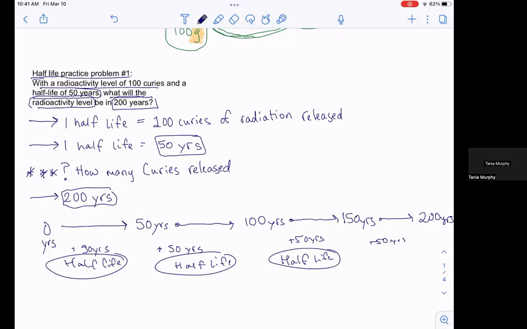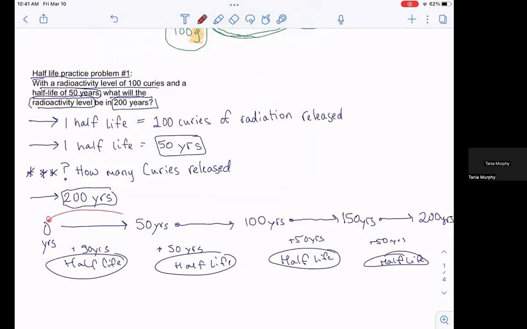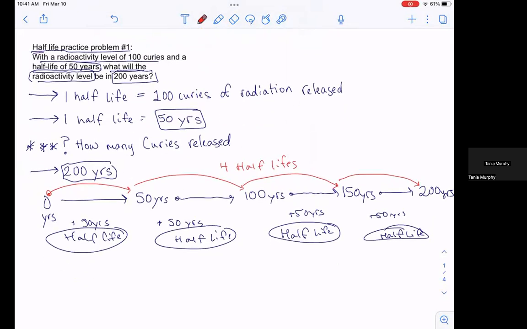So 200 years of time has gone by, and during that period of time we've had 1, 2, 3, and 4 half-lives. The question asks how many curies were released if 4 half-lives have gone by.